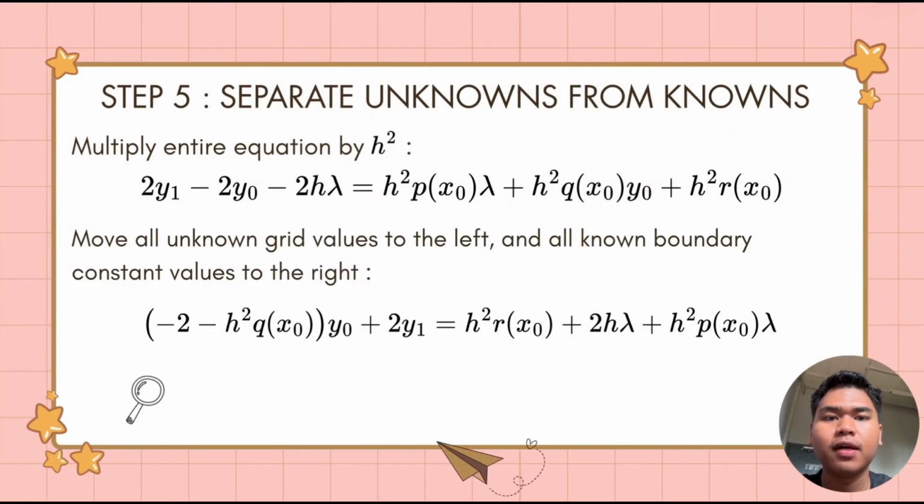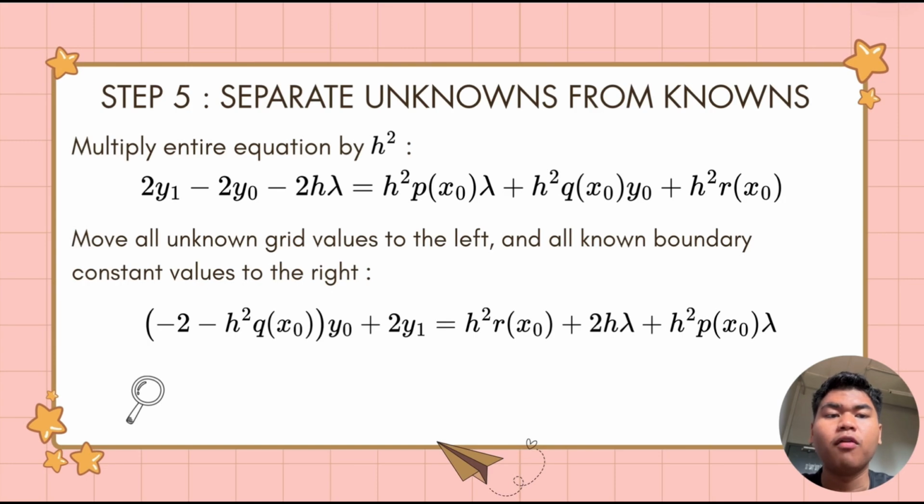On step 5, we separate our unknowns from our knowns. We first multiply the entire expression by h squared, the denominator, and remove the fraction completely. Once the fractions are gone, we rearrange our terms into two strict groups. We shift all of our unknown grid values, which are the variables we are actually trying to solve for, namely our y0 and y1 terms, over to the left hand side.